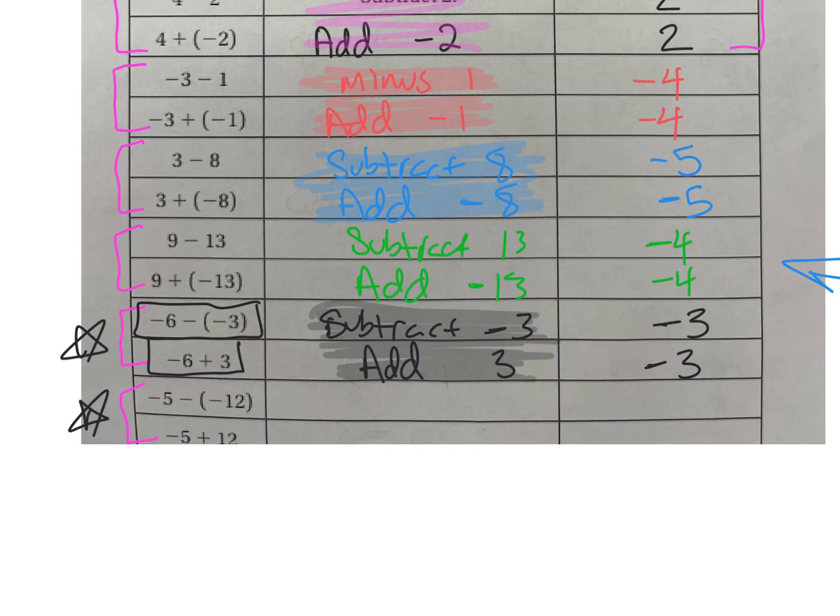And then the last one, in fact, I'm gonna write both of these in black so you know they're together. Subtract negative 12. It's the same as add 12. So negative 5 plus 12, 7. Negative 5 minus negative 12, 7.